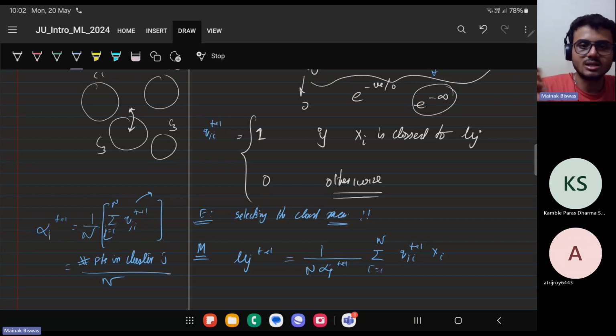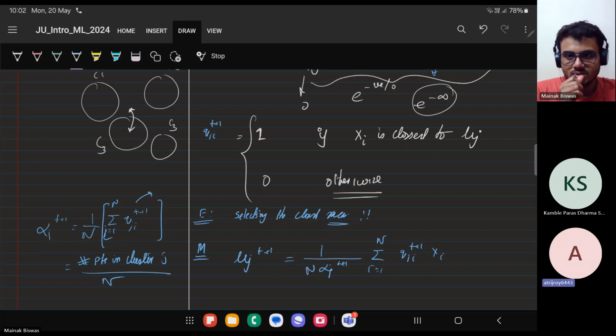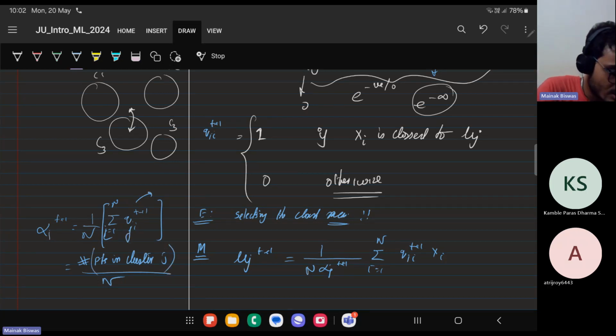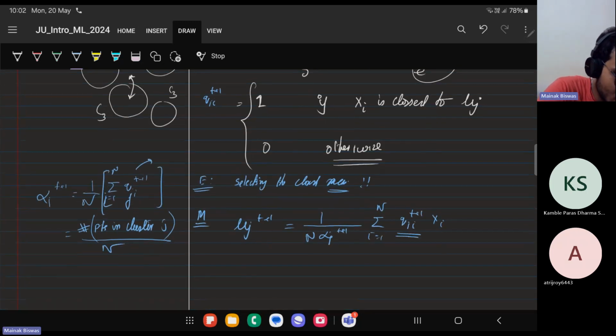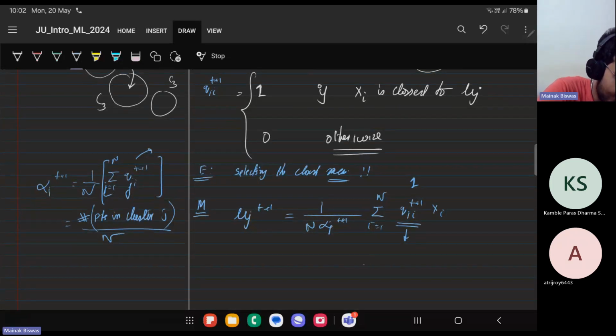This is now like an indicator function, and it becomes the average of the x's belonging to the jth cluster.